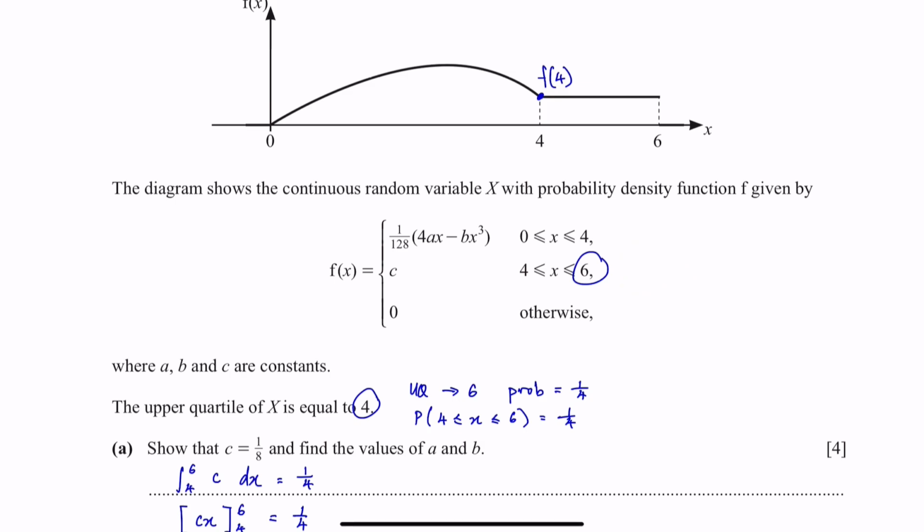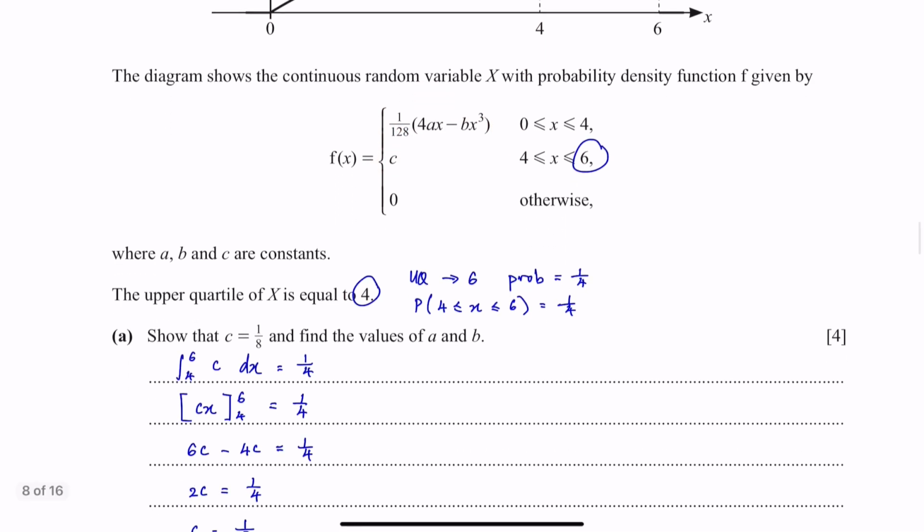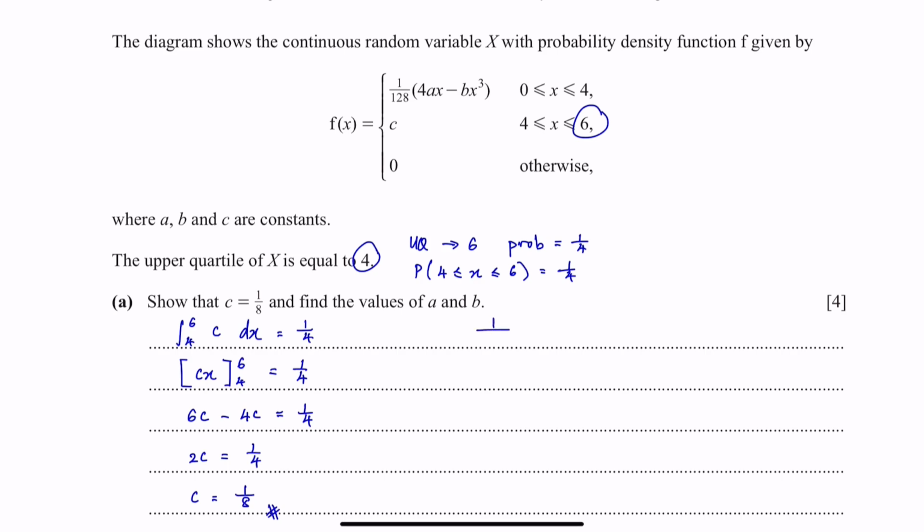That means when x equals 4, this function would be equal to this function. So 1 over 128 times 4a times 4 minus b times 4 cubed would be equal to c, which is 1 over 8.